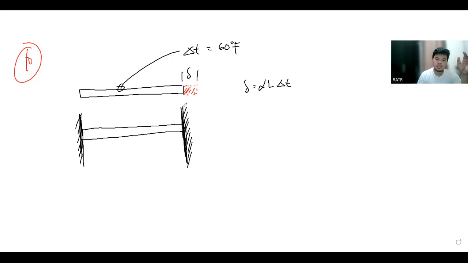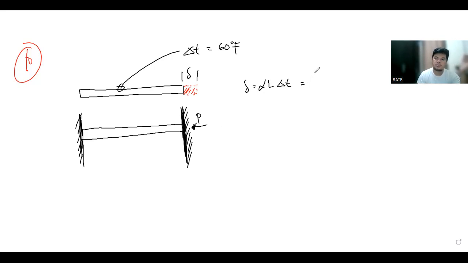However, because of these end restraints, the end restriction poses a force P that counteracts the supposed elongation due to the change in temperature. So the elongation is also equivalent to the constriction. The force P constricts the bar from elongation.